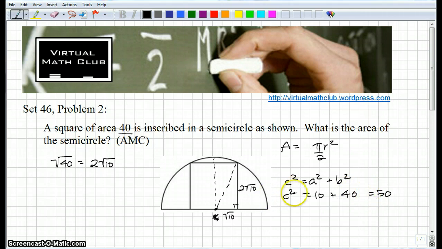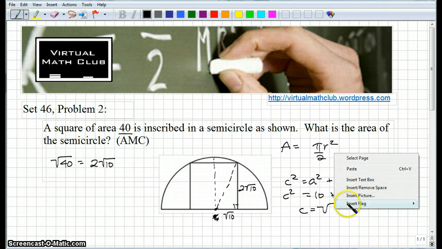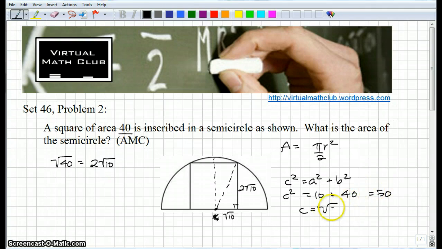So c squared is equal to 50, and that means that c has to be the square root of 50, and I know that 50 is 25 times 2. 25 is a perfect square, so I'll write that as 5 times the square root of 2. Alright, so I know that the hypotenuse of this triangle is 5 times the square root of 2.